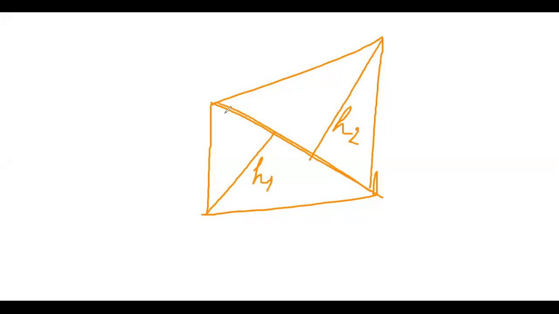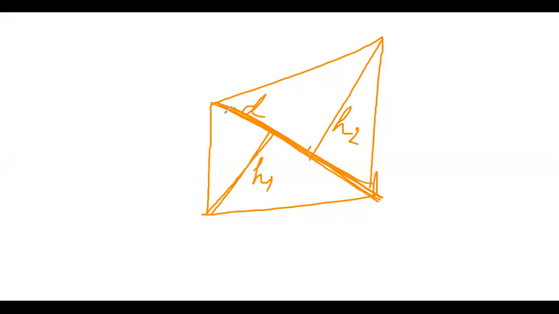This is the base, you can say diagonal. If you have a general quadrilateral, not a trapezium or parallelogram, then you will have the diagonal given and along with it the heights given on that diagonal. Diagonal is given and two corresponding heights of the diagonal are given.